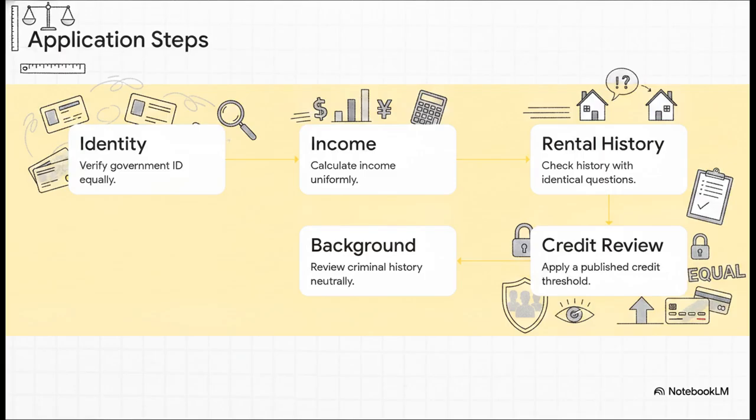Step 3 requires checking rental history using identical reference questions for every single applicant. Step 4 is applying a published objective credit threshold. And finally, Step 5 is reviewing criminal backgrounds individually and neutrally. You should never use a blanket automatic denial. A documented, identical process is exactly what a fair housing investigator wants to see.